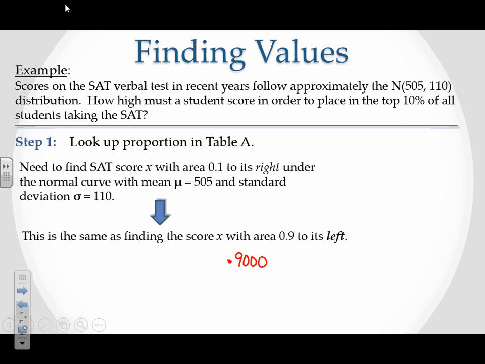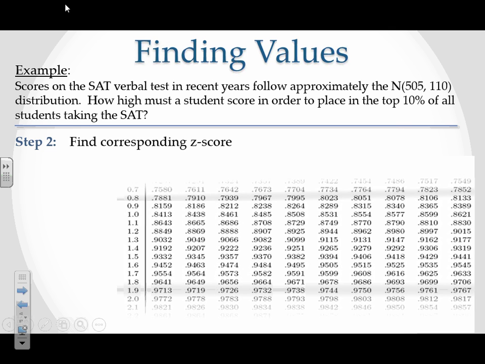So our best guess at this is going to be the closest value we can find to 90%. So in your table, if we wanted to find 90%, we're looking at the values in the middle of the table. We're not looking at z-scores. We're not looking at the column or the row right now. We're looking inside the table. Now, if we're talking top 10%, is that going to be above the mean or below the mean?